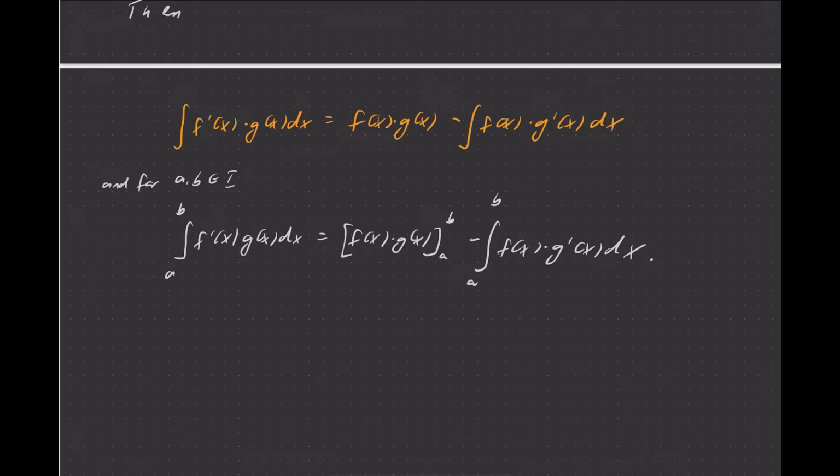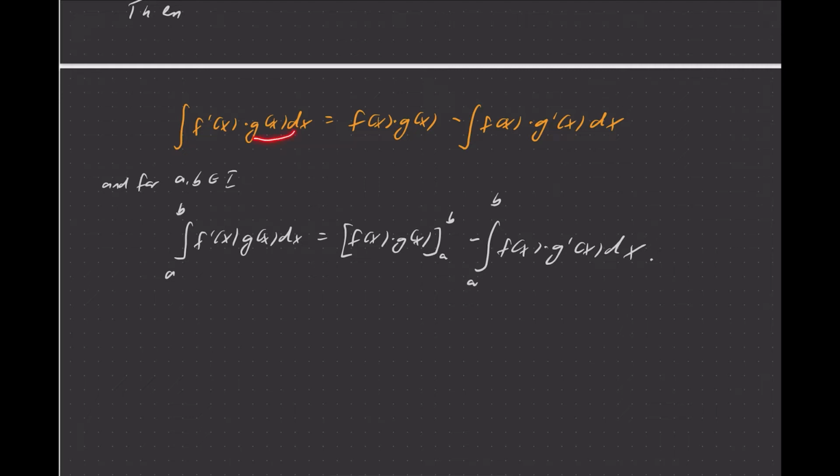Now, what use is a rule like this? You might argue, well, we have a product of two functions here, and we have a product of two functions here. It's not really a lot that changed. But basically what you can do is make a trade-off.